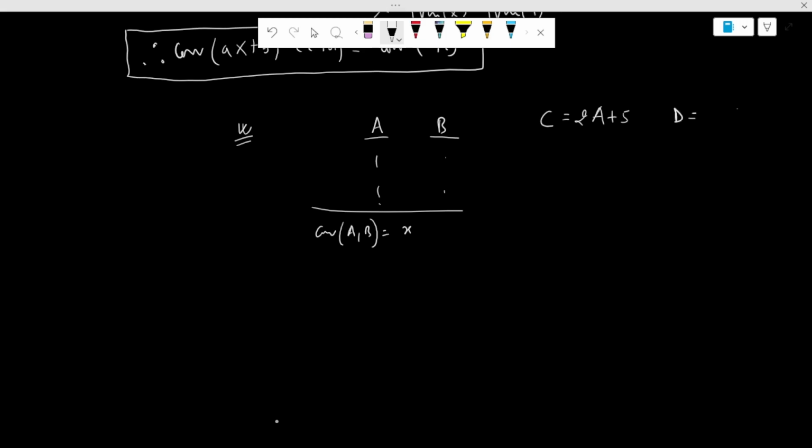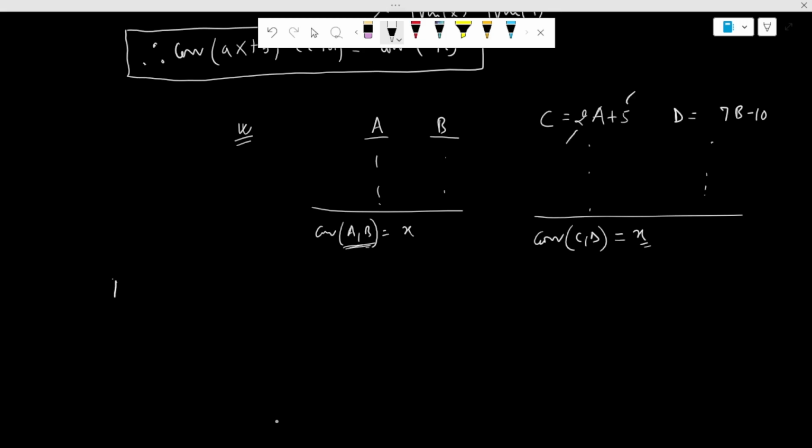We are going to first scale the variable b by, let us say, 7, and then shift its origin by 10. So if we get the observations and calculate the correlation between c and d, this should also be equal to the correlation between a and b. So the value of this should also be equal to x. So this indicates that the correlation coefficient is indifferent to the scale or the shift in the origin.